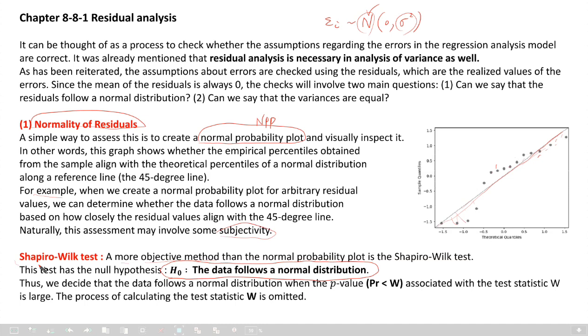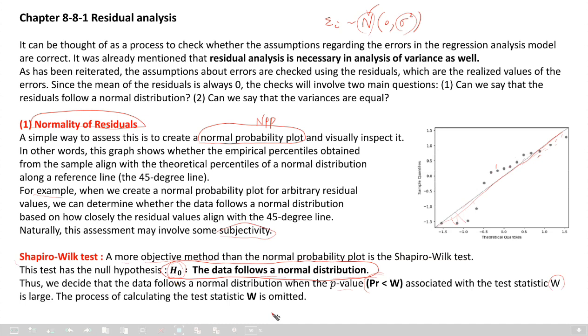Thus, we decide that the data follows a normal distribution when the p-value, sometimes noted like this, probability less than W, associated with the test statistic W is large, so that we cannot reject H naught. It means that the data follows a normal distribution, right?